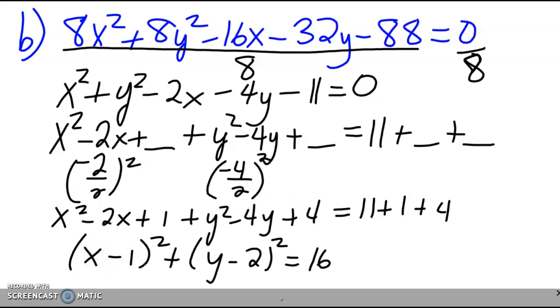Okay, so your assignment is going to be a worksheet. I'm just going to give it to you. Your assignment is a worksheet, we're going to call it writing equations of circles. So go to your homework log.